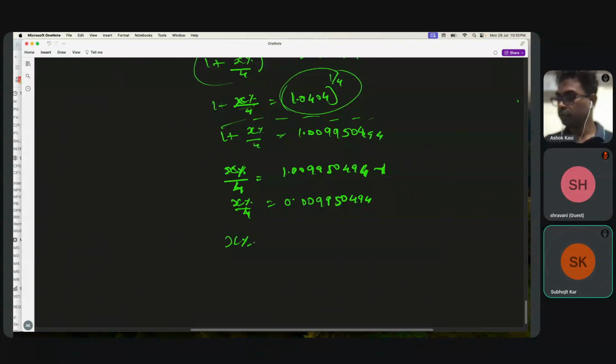Now x percentage is the product of these two. You should get 3.98 percentage. That's it.